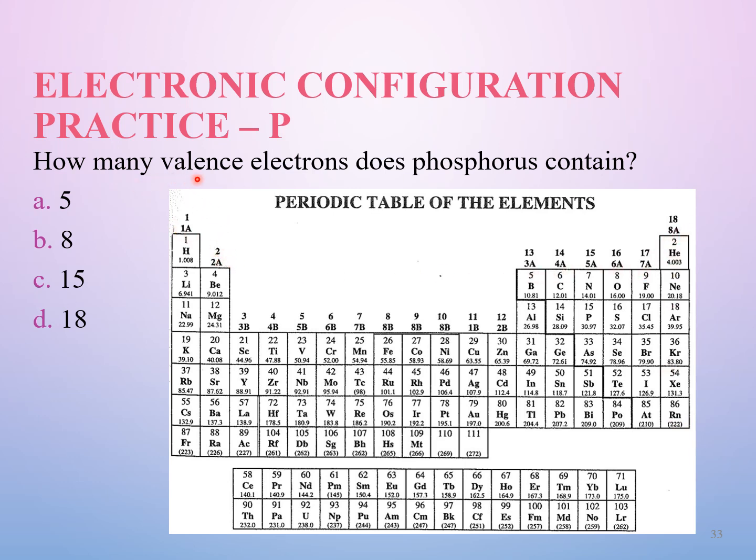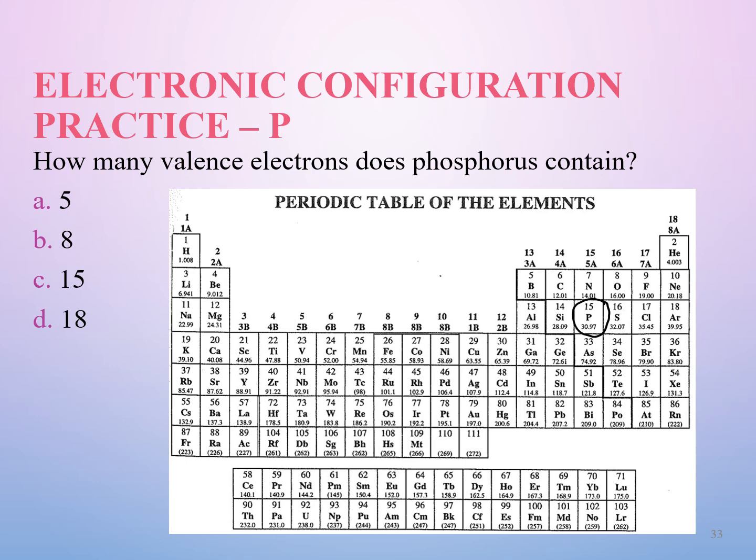Okay? How many valence electrons does phosphorus contain? Phosphorus is right here. It's number 15. What group is it under? 5. So its valence electrons will be 5. And if you wanted to write the electron configuration for P, it looks like this. P is right here. Okay?